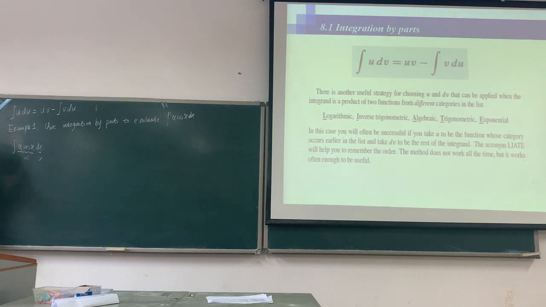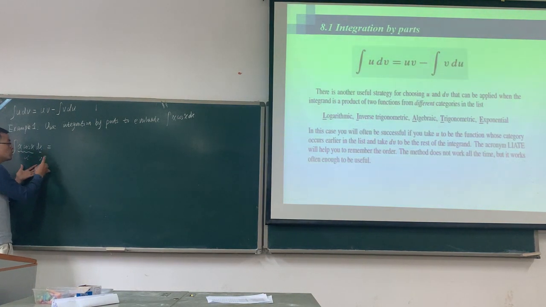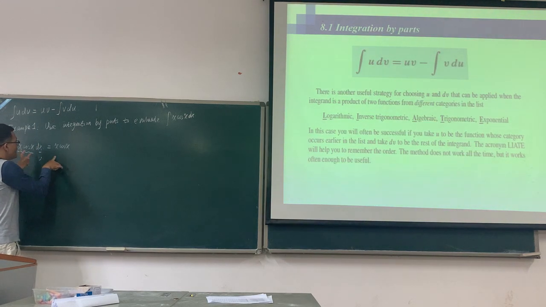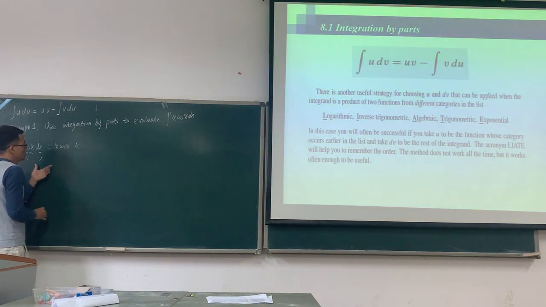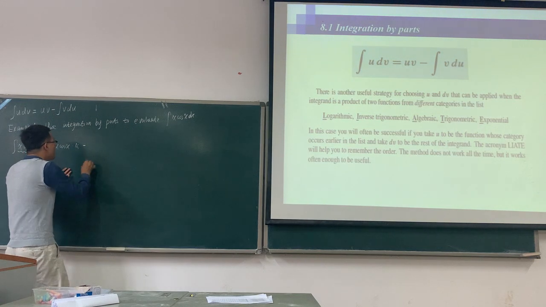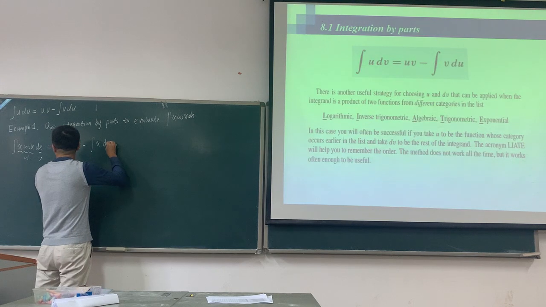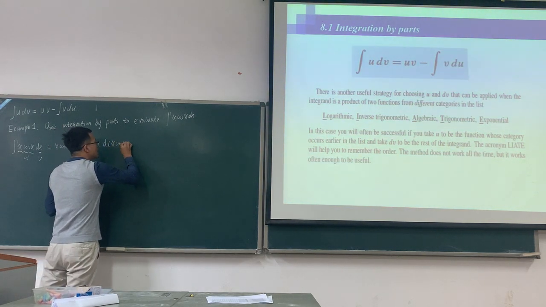So if we let u equal to x times cosine x, and we let v equal to x, and use this formula, u dv equals u times v, where u is x cosine x and v is x, minus v du. V is x, u is x cosine x.